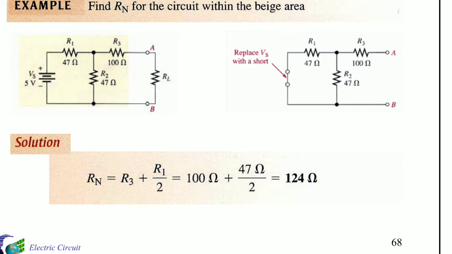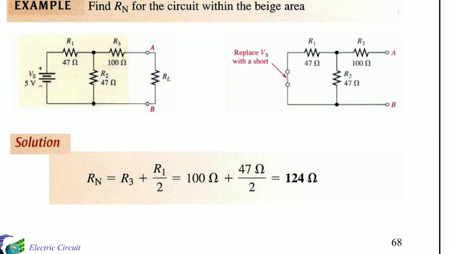So in this way the solution is given. Rn is equal to R3 plus R1 by 2. That means R1 and R2 both are the same, so R1 into R2 by R1 plus R2 becomes R1 by 2.